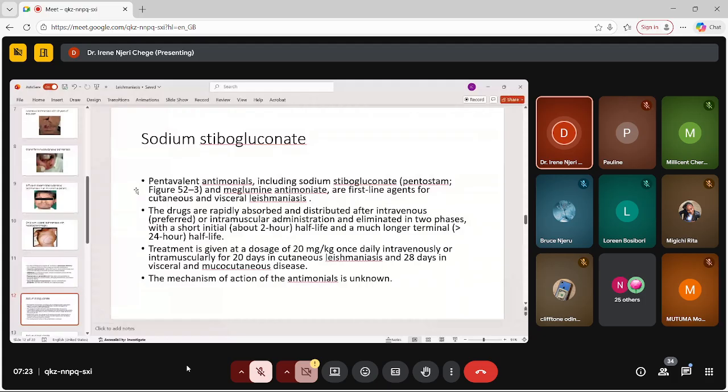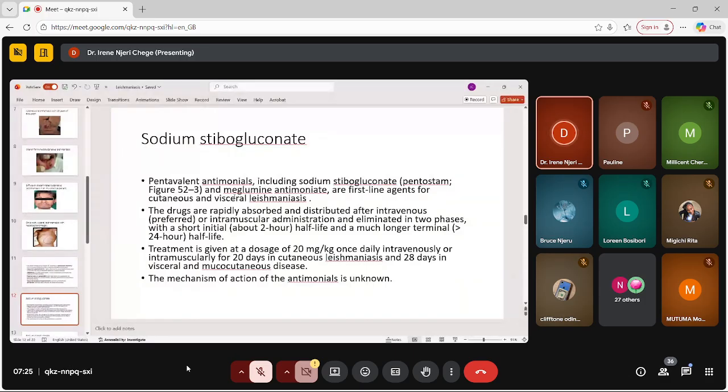are thought to be prodrugs. They're thought to be prodrugs that are converted to a toxic stibogluconate species, and that is what kills the amastigotes. Remember, we have said that the amastigote form is found in the human or the vertebrate or the mammal. So this class of drugs, they're prodrugs.